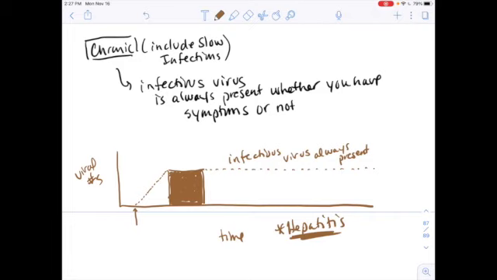A person who has been infected with one of the hepatitis viruses. Usually hepatitis B is the big one. There is hepatitis C as well. There also is hepatitis A, but that one's slightly different. People with hepatitis are always infectious.